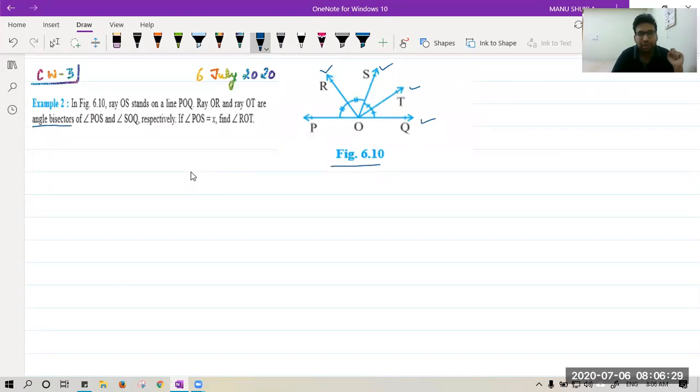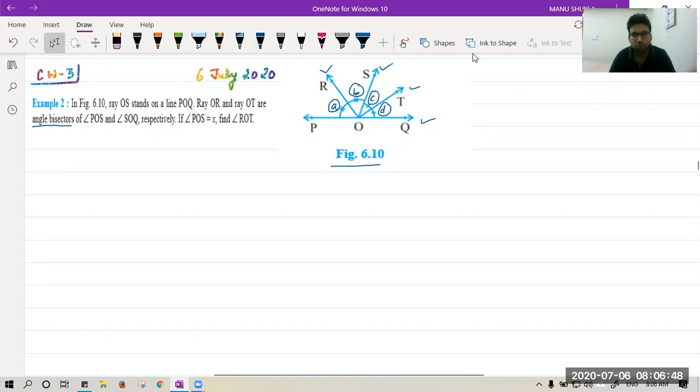So if they are angle bisectors, that means this angle is equal to this angle and these two are equal. Let us name them to make it easy for us, like this: small a, small b, small c, and small d.